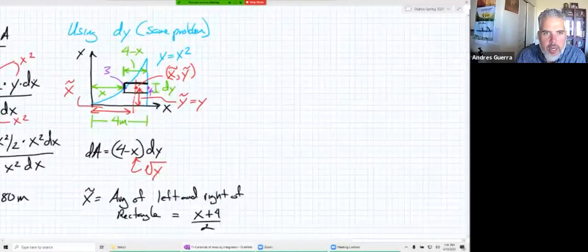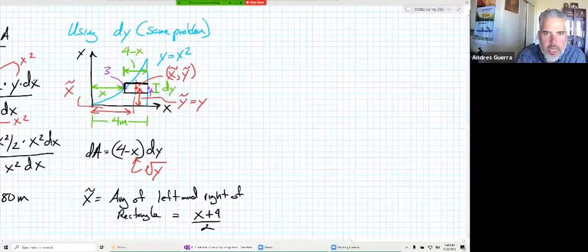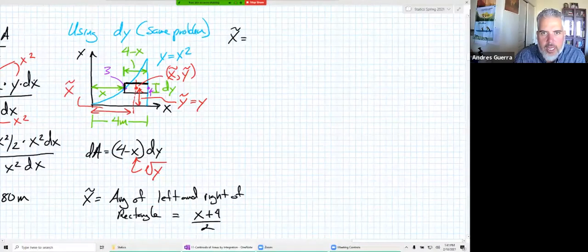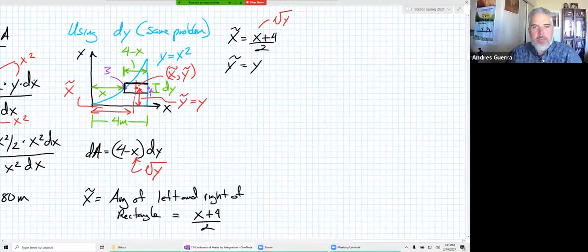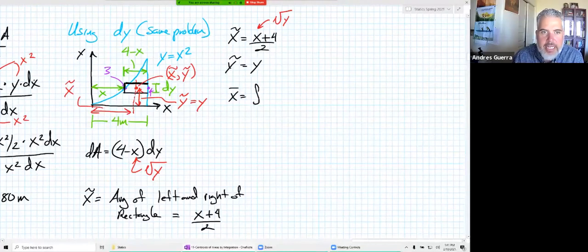And then, so now we have everything, right? Let's see, we wrote dA. Let me just write, x tilde is equal to x plus 4 over 2. Y tilde is just equal to y. We would have to substitute out x, the square root of y right there. And then we could plug it in. So, for example, x bar would be the integral from 0 to 16, because we're going to x squared, right?